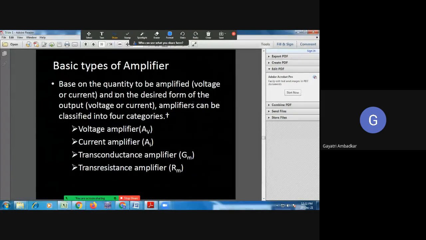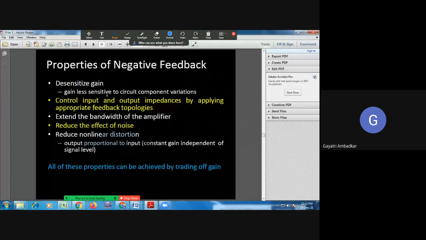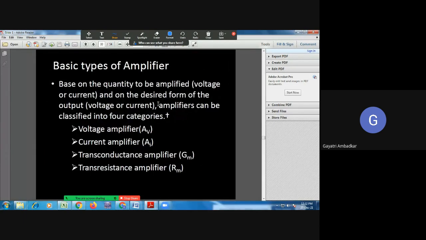Now come back. This point number 2 will control input and output impedance. This we are going to talk in detail, and a question you will find based on that. So now let's see what are different types of amplifier. Actually these amplifiers depend on what type of feedback you are applying. Here onwards remember आपण शिकत आहोत negative feedback amplifier.